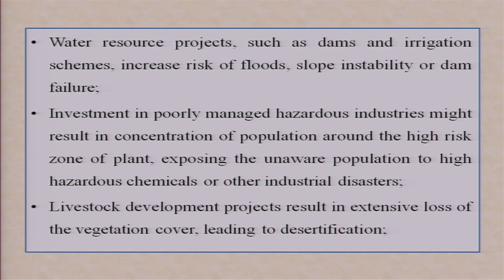Another thing is investment in poorly managed hazardous industries, concentrating population around high-hazard plants and exposing the unaware population to hazardous chemicals and industrial disasters. Livestock development projects cause intensive loss of vegetation cover, leading to desertification. So all the above examples clearly specify the linkages between development and disaster.